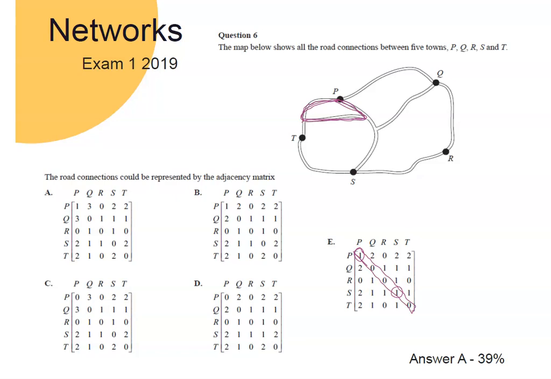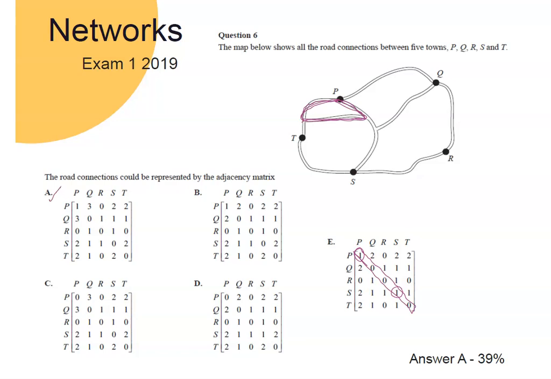If we wanted to check some of the other options, so a loop at S, we can see that that's not possible. I can leave S, but I cannot get back without passing through a different town. Okay, so just by looking at that option, I want to knock out any of the options that have a loop anywhere else except for at P. Okay, so option A, there's only a 1 in the diagonal of P, so that's possible.